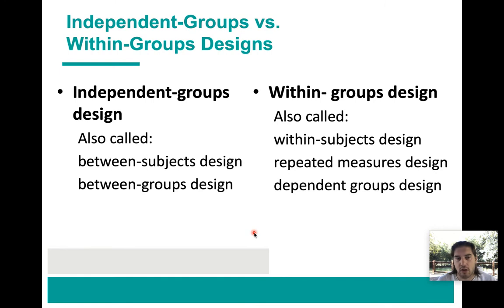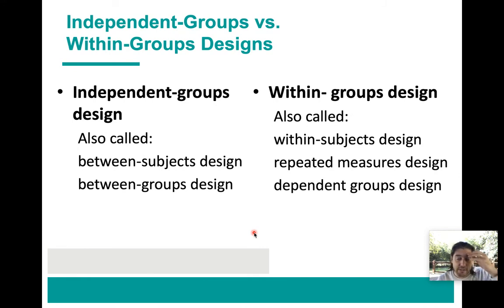You'll often see this called a between groups or between subjects design, and a within groups design, also called a within subjects, repeated measures, or dependent groups design. Again, lots of terminology here. I'm sorry, I didn't make this up. Don't kill the messenger. You will hear these terms used interchangeably within each of these categories. So just try to know them all. And in fact, I will probably be guilty of using them interchangeably. They all mean the same thing.